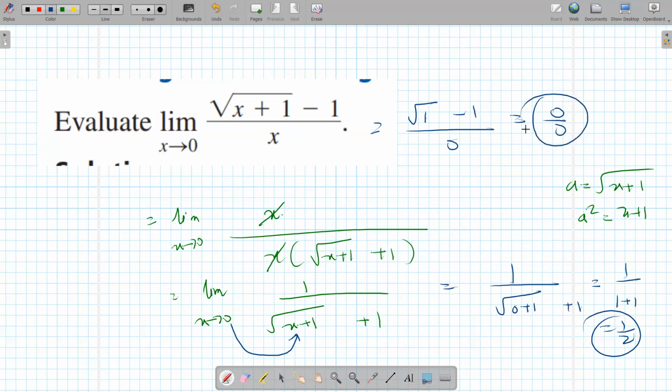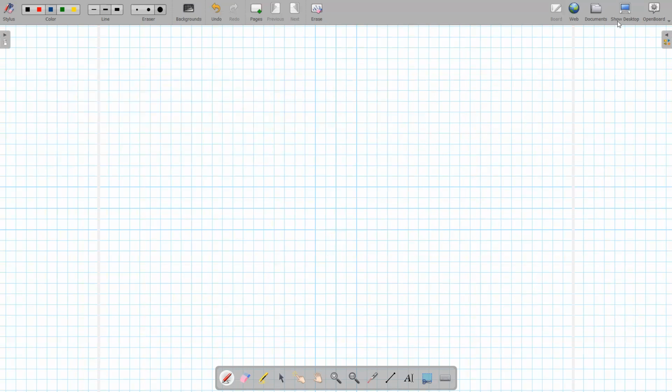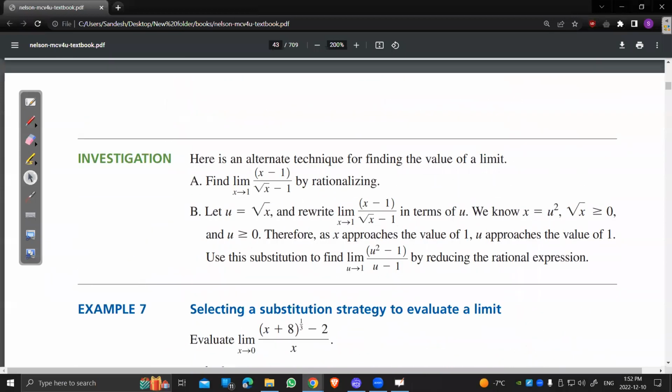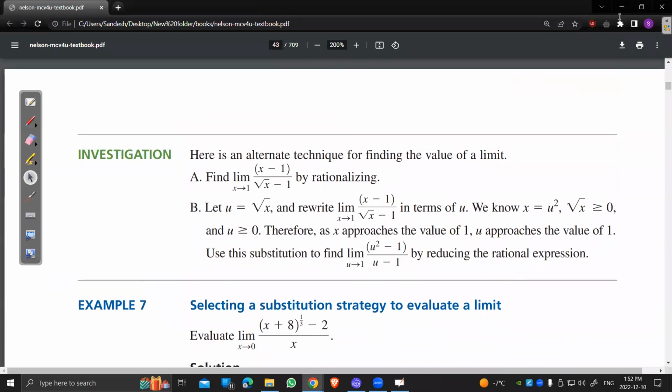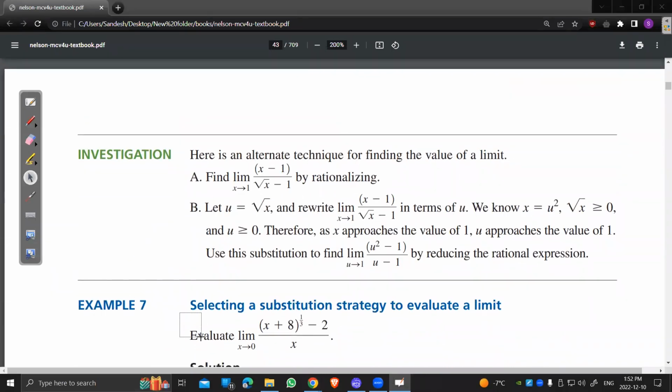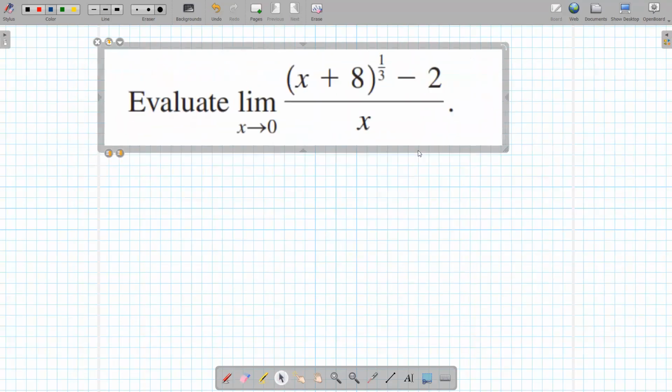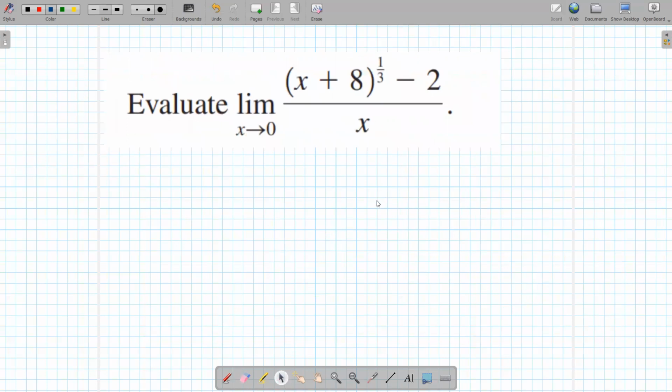So you get a 0 over 0 situation, so it's a hole. If you had gotten a 1 over 0, then it would be something else. That's an asymptote, a vertical asymptote, like an invisible wall. This one you can see straight up, it's not continuous because you get a 0 in the denominator, right?